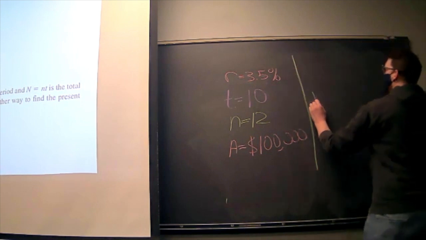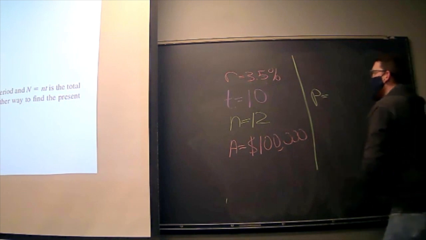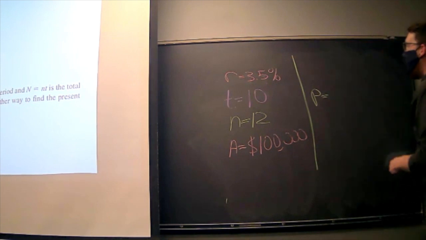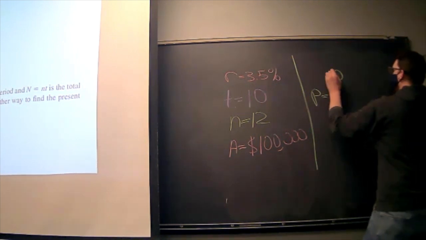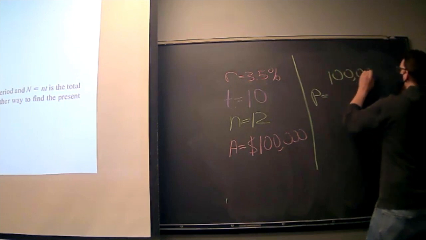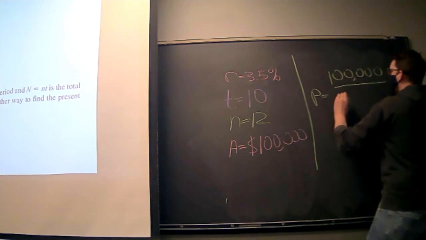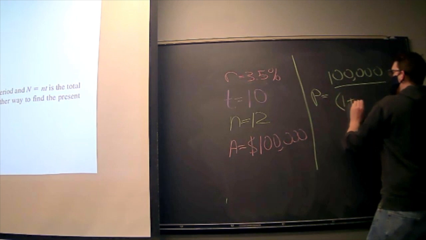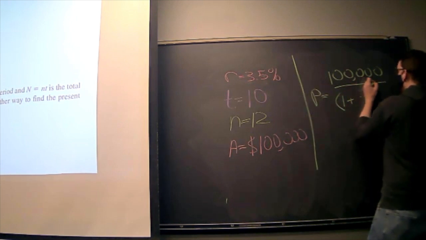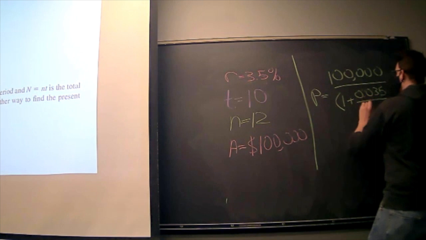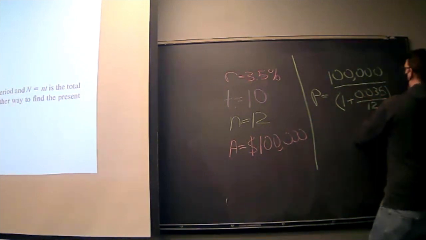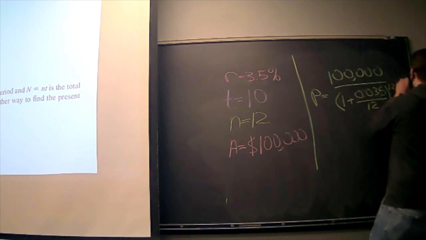So we would say, cool, the present amount is going to be A in our numerator divided by 1 plus R, 3.5, my mistake, 0.035 divided by 12, all raised to 12 times 10.